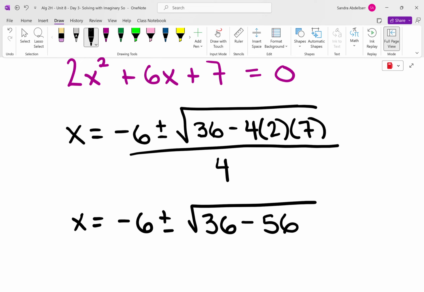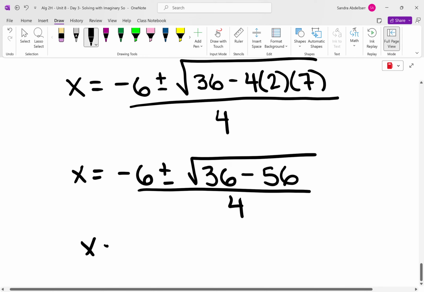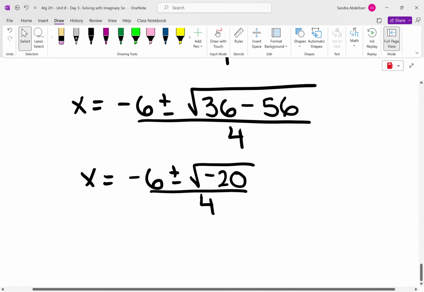Negative 4 times 2 is a negative 8. Negative 8 times 7 is a negative 56. And then when we subtract, we're going to have 36 minus 56. That's a negative 20. And now we simplify.